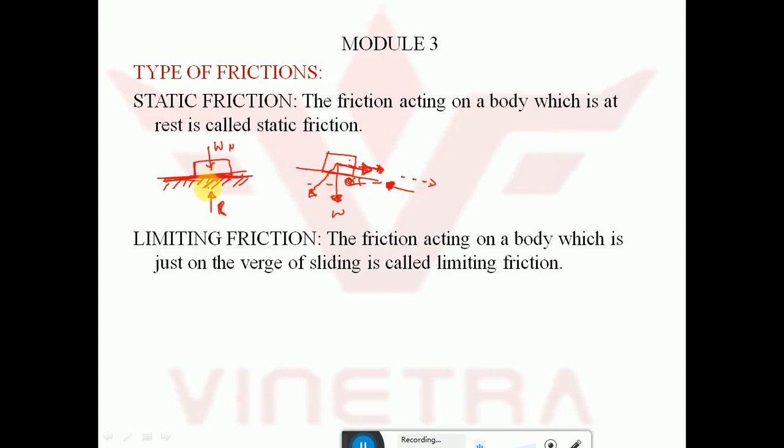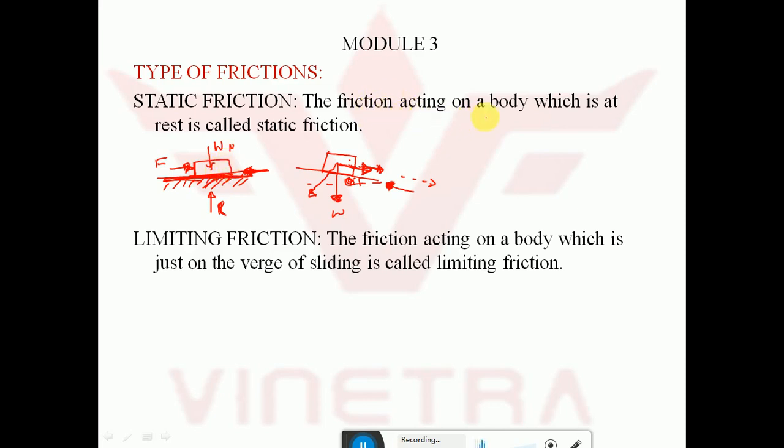Or in another case, if I apply some force F here, a frictional force is developed in the opposite direction. So the body will not move because of the frictional force developed between the body and the contact surface. The body remains in the static condition itself, and then it is called static friction.